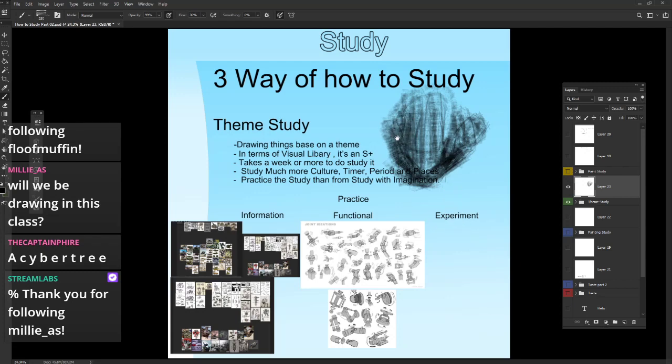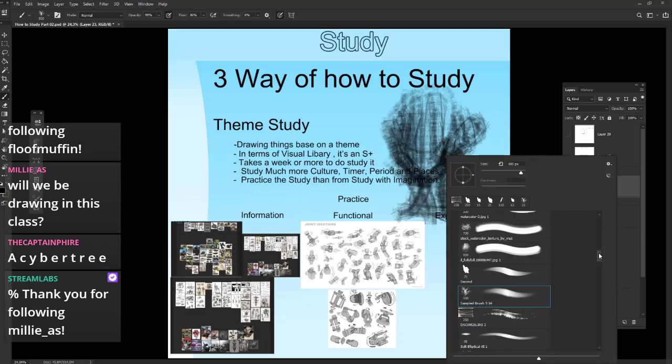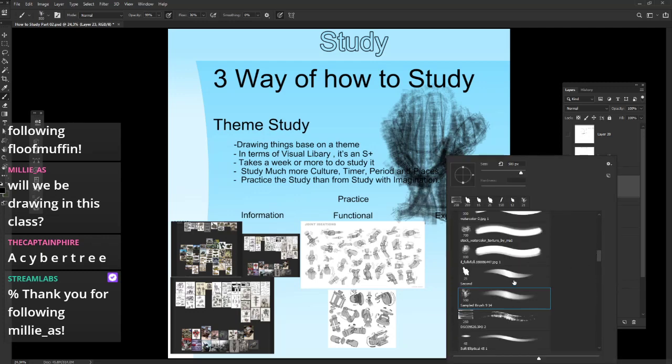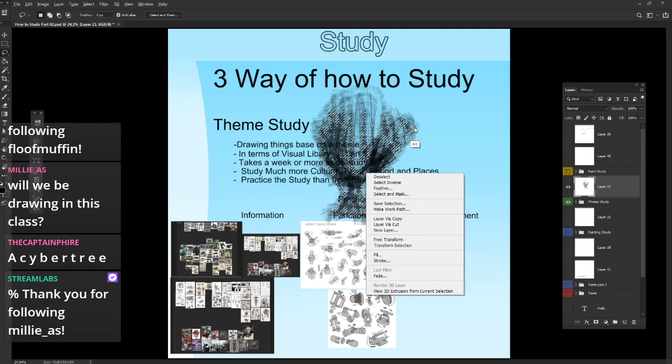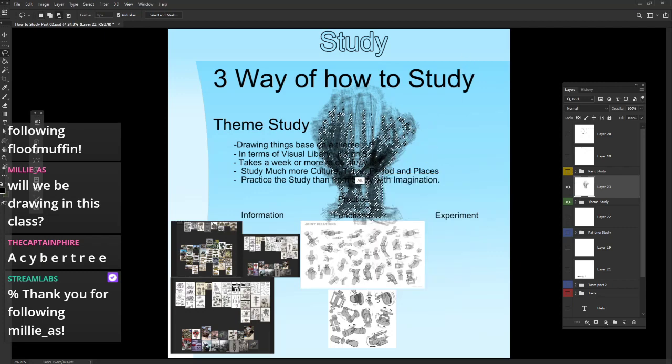You can paint in details, absolutely fine, but then it takes a month to study that. You can also have a completely different approach. For example, it doesn't matter as long as you try to figure out everything. Use the lasso tool, for example. Delete those away.